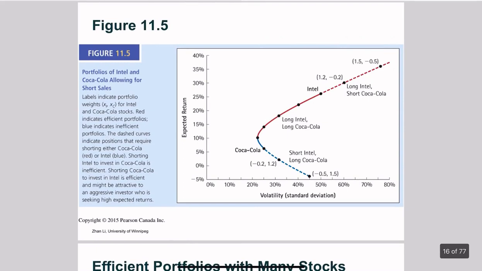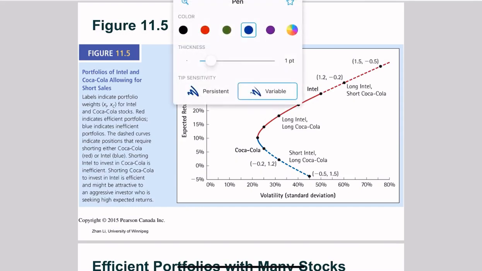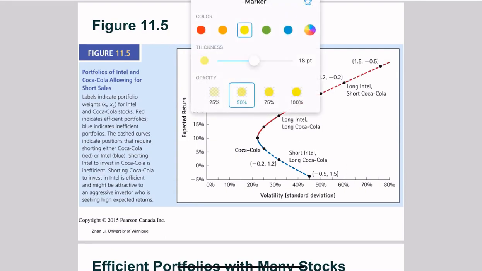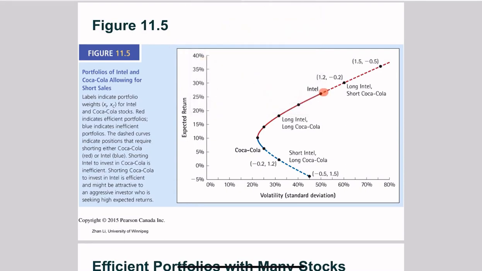Okay, now we could finally examine what your curve, your portfolio frontier, would look like if you could do this short sale. So what you can see here is the curve will basically expand, right? So these are the expanded sections.